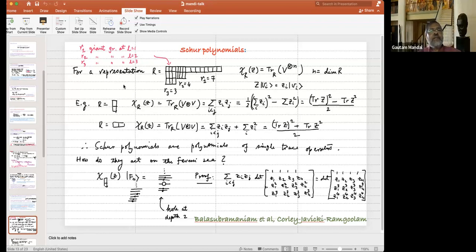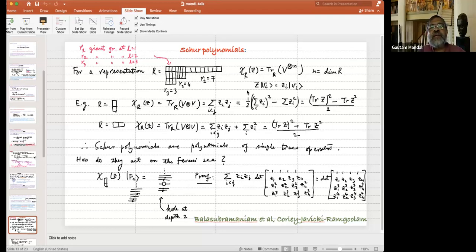Okay. So the simplest example are those like the totally antisymmetric tensor representation, let's say, of 2 boxes. Let's compute the character of Z in this representation. So I want to find out the trace of Z in this representation.